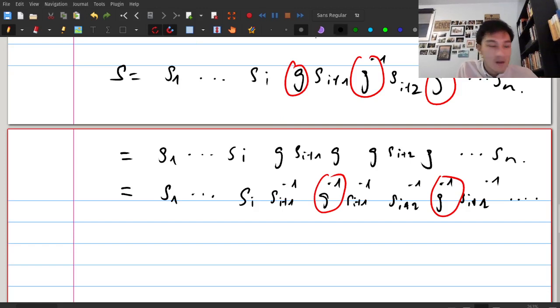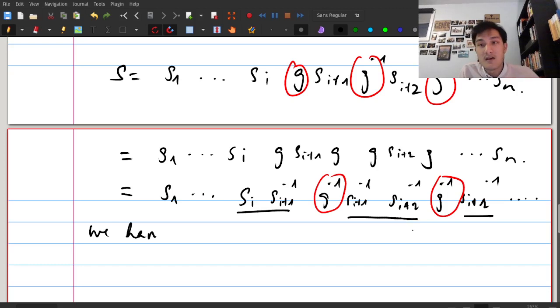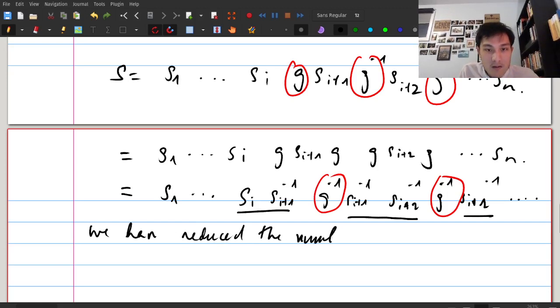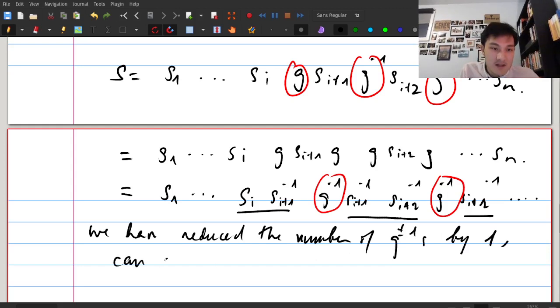And of course, these are in the B K 3. You multiply the S's and you get different Si's, but that's fine. So we have reduced the number of G's by 1.